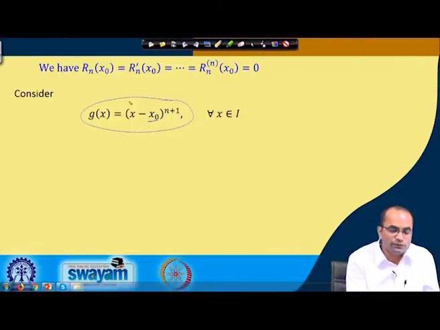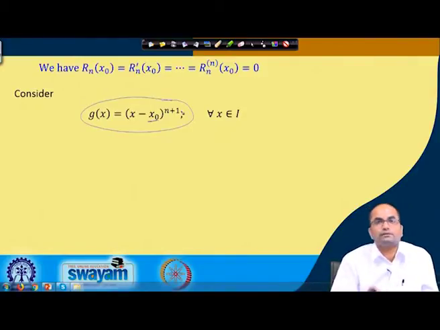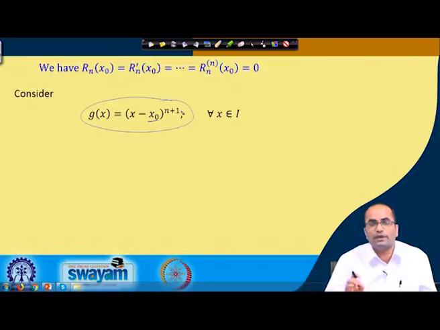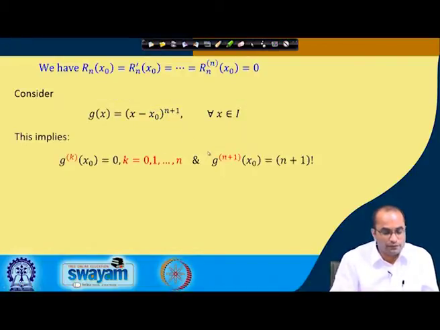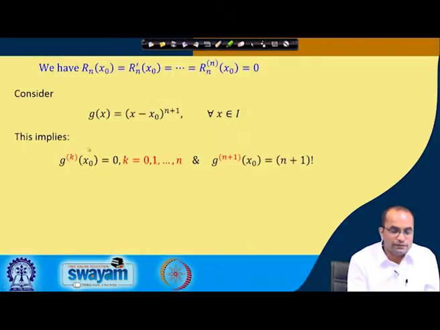So, we can continue this differentiation up to the nth order, and all these derivatives at point x 0 will be 0. So, the condition we have now is that g, the kth order derivative at x 0, is equal to 0 up to the order n, and g n plus 1 is nothing but the factorial n plus 1.